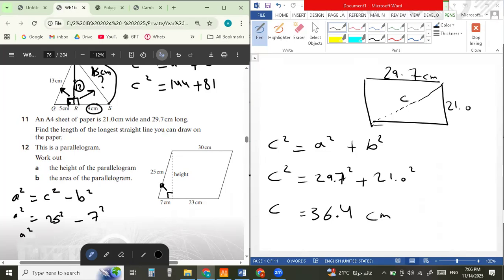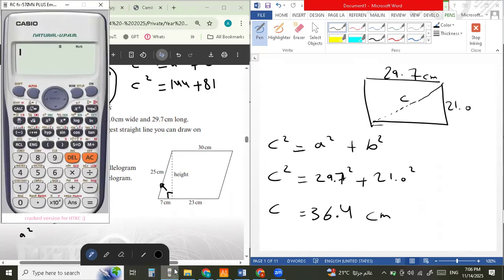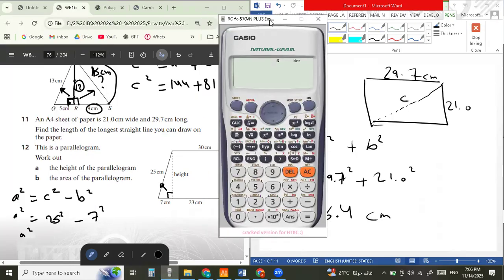A squared equals, let's do this on the calculator. 25 squared minus 7 squared, minus 49, equals 576.